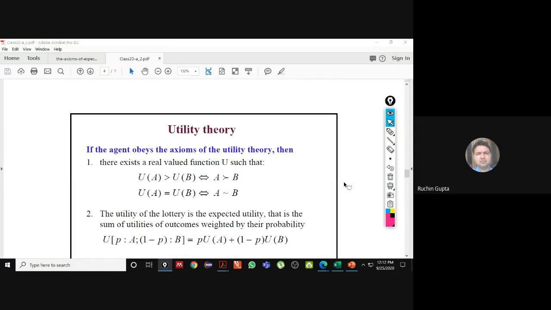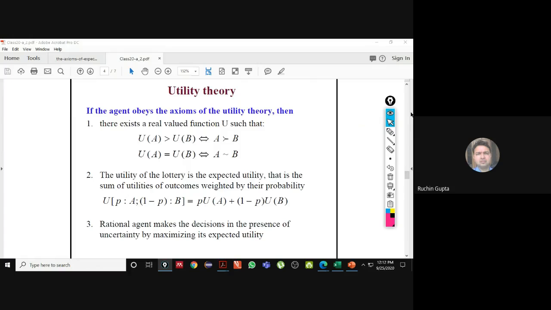So all these are actually known as the axioms of the utility theory. Okay. So what happens? The agent is supposed to obey the axioms of the utility theory.